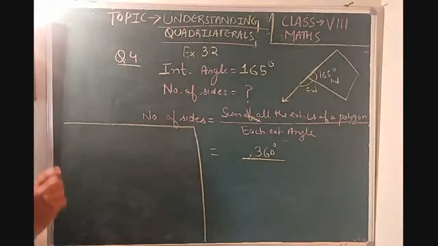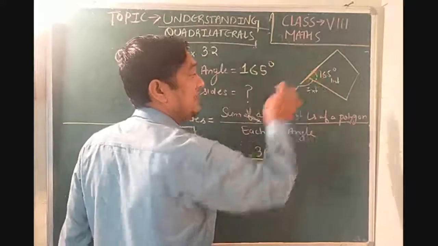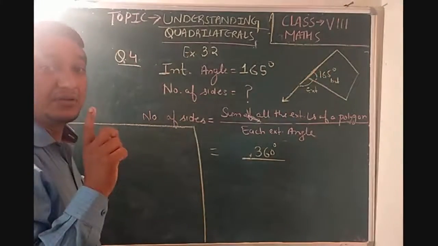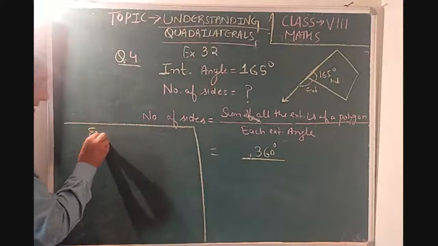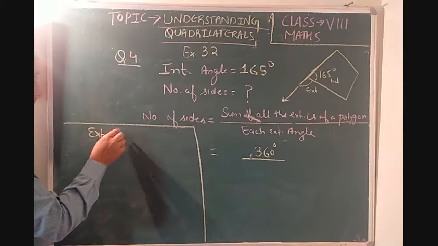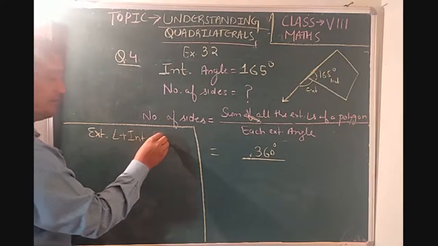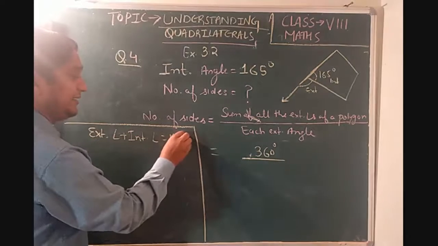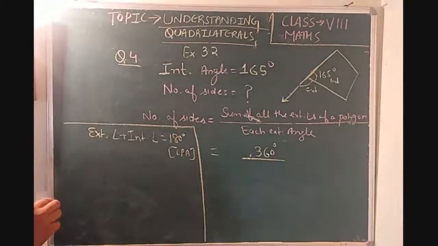So we know that the pair of angles formed on a straight line adds up to 180 degrees. Exterior angle plus interior angle is equal to 180 degrees. Linear pair axiom: angles formed on a straight line are always 180 degrees.